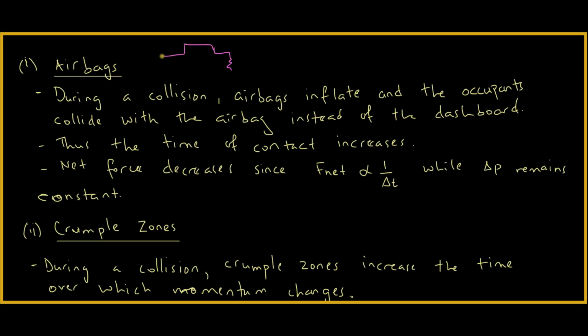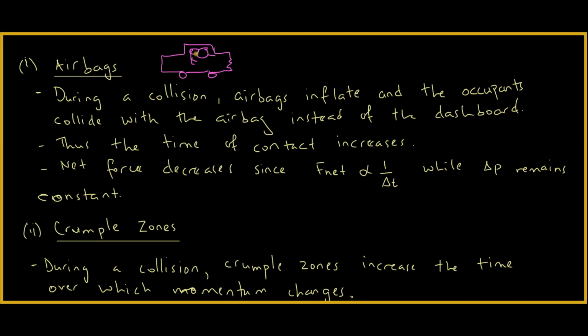So let's just suppose that you're in a car and the car gets involved in a head-on collision. If this happens, an airbag is going to be deployed. Once an airbag is deployed, the occupants of the car are going to collide with the airbag. The reason why this is very safe during a collision is simply because the momentum of the occupants of the car must change over a longer period of time.